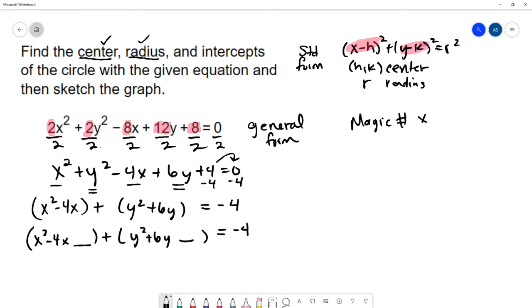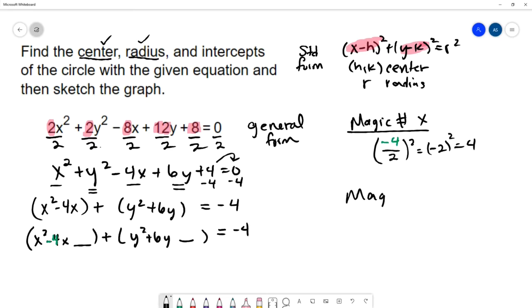So the magic number for the x's, we've got to figure out what that number is. We start with the coefficient on the x term, -4. And we're going to cut it in half and square it. -4 divided by 2 is -2. -2 squared is 4, so our magic number for the x group is 4.